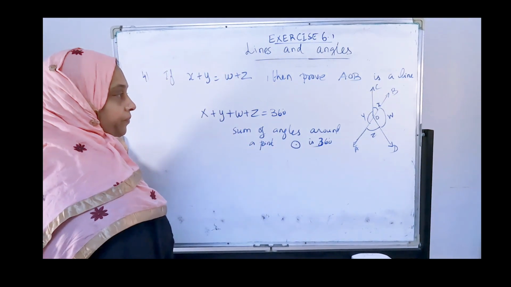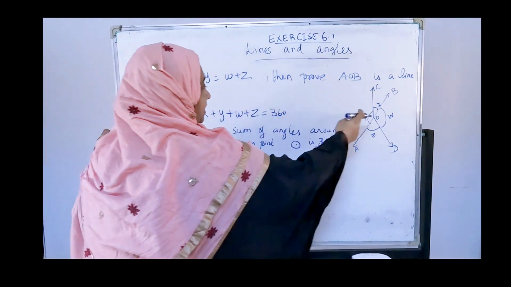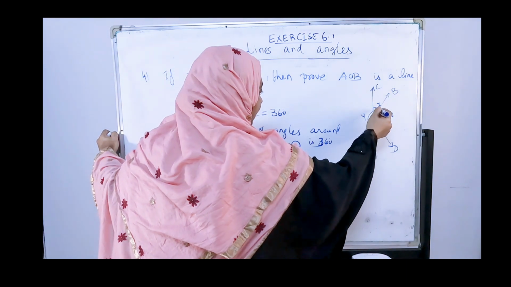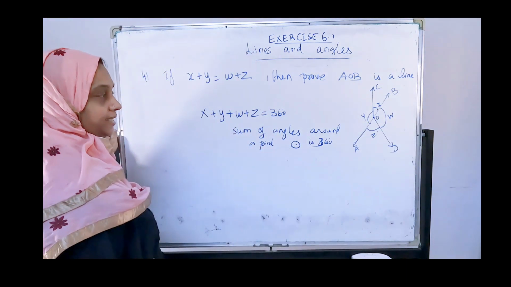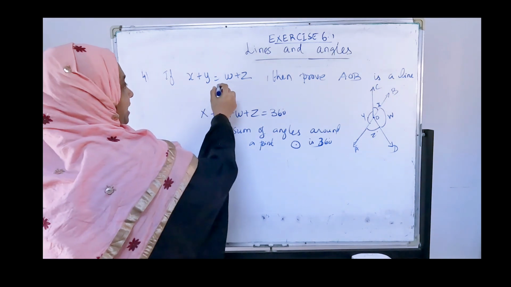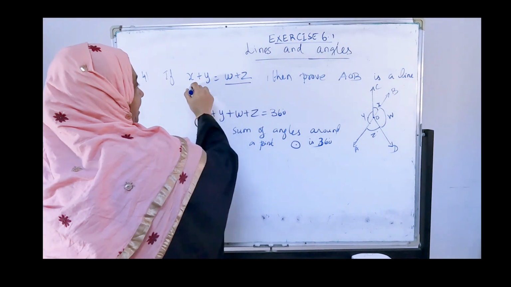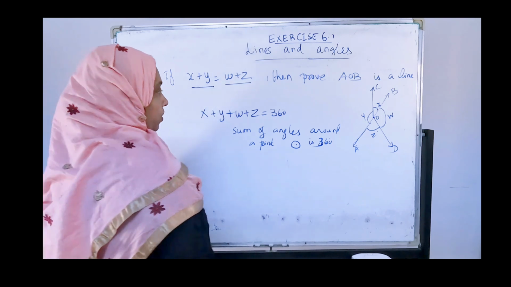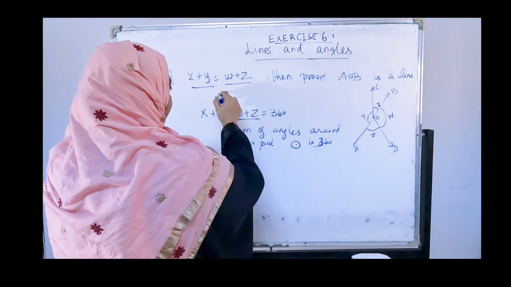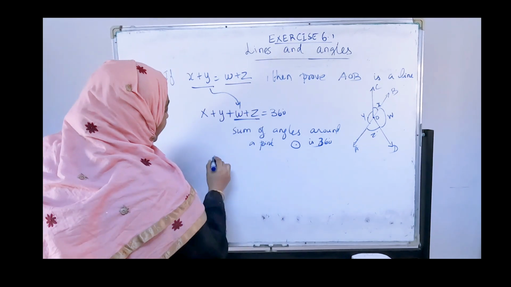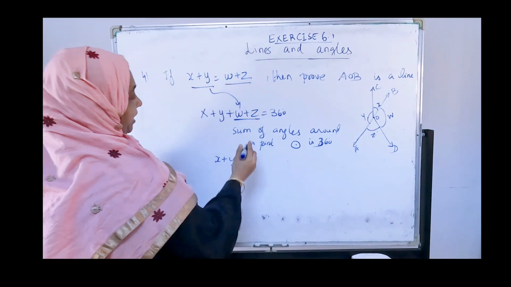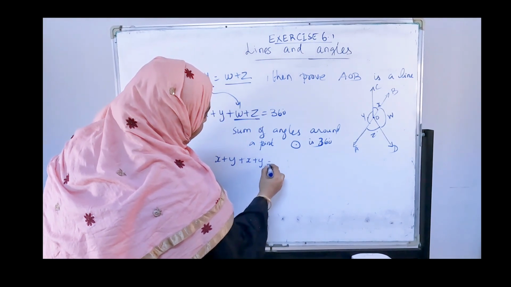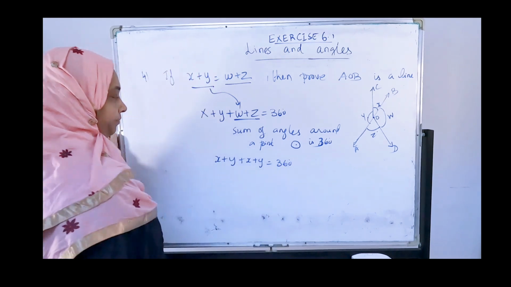Around the point O, x, y, z, w are all making 360 degree. And here they given us w, z and x, y as equal. So I am going to replace w plus z with x plus y. So x plus y, in place of w plus z, we will replace x plus y, that is 360 degree.